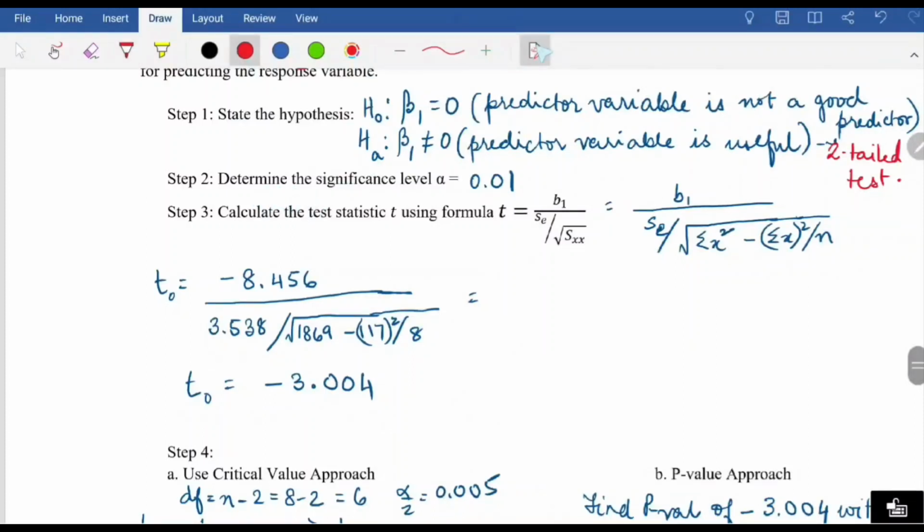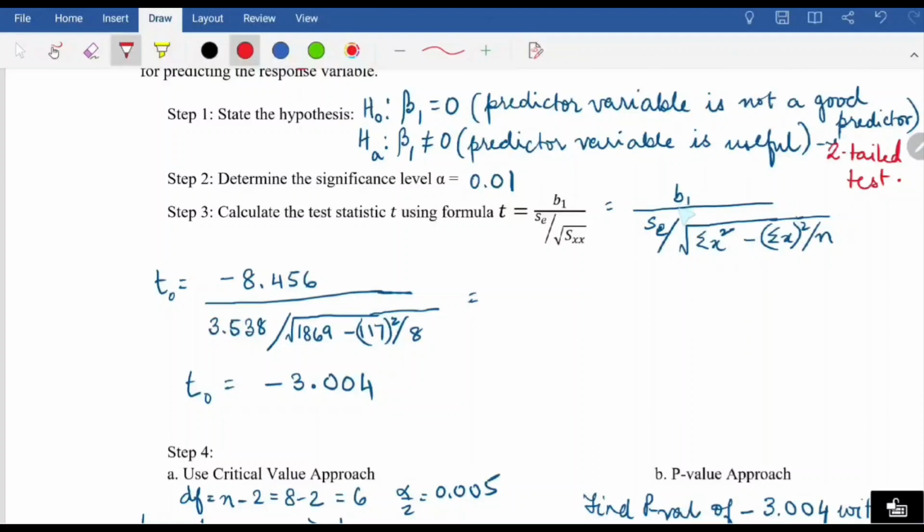In step 2, we determined the significance level alpha. So alpha was 0.01, and that's what we have here. The next step is to calculate the test statistic t using this formula: b sub 1 divided by S sub E divided by the square root of S sub XX.